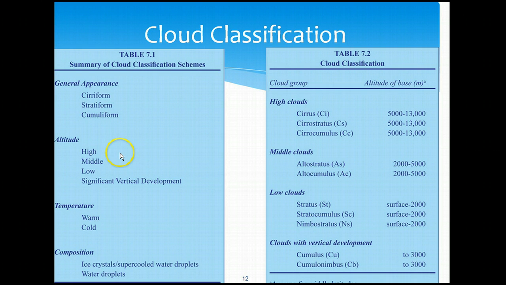In terms of altitude, we have high clouds, middle clouds, low clouds, and clouds with significant vertical development. Each of these has an altitude base and specific meters that are listed here. So you can see these cloud groups are very specifically designed, and there are approximately 10 different cloud classification groups.